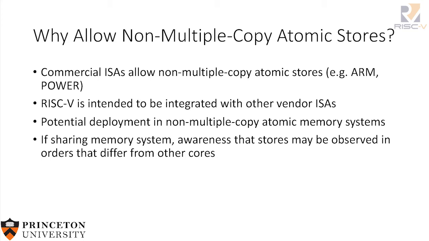So while a RISC-V core itself doesn't have to implement non-multiple copy atomic stores itself, it could easily implement something stricter than what the ISA requires. But we believe in order for it to work seamlessly in a shared memory environment, RISC-V must be aware that stores could be observed in orders that differ from other cores.